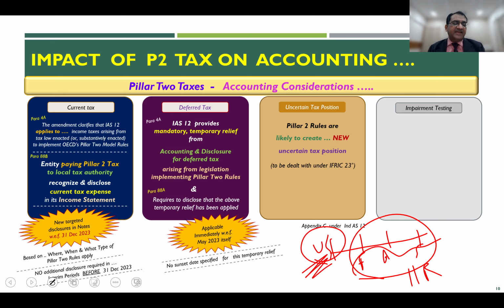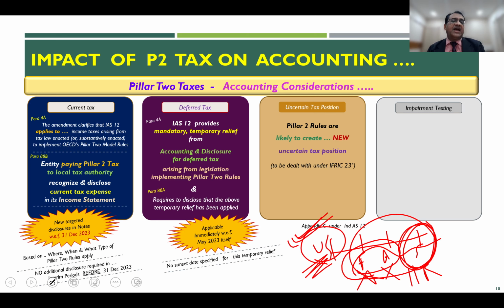Then none of these entities will be impacted because, if the QDMTT, the Qualified Domestic Minimum Top-Up Tax, is not introduced by Singapore, then these two entities, the French and the Australian entity, will be insulated from making the payment.